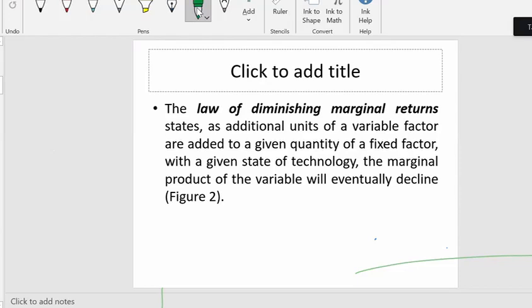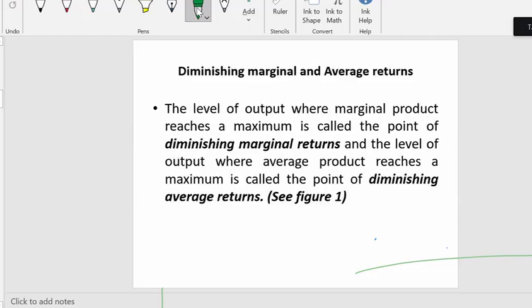So, there is a point when you add more labor as a variable factor where it will eventually decline. Likewise, in the law of diminishing average return, as you increase the number of labor or factor inputs, there is a point where average product reaches a maximum and then it declines. That's what I was trying to explain.